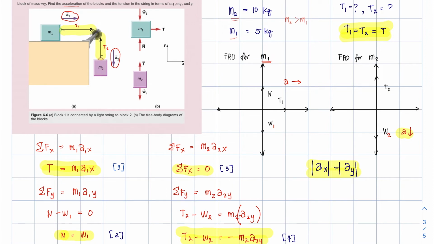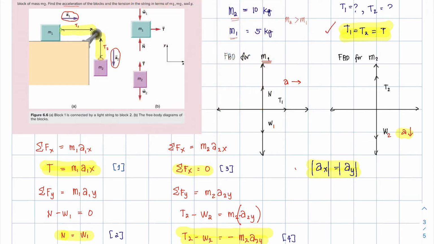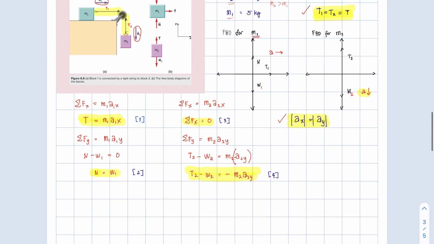Because if you don't realize this one, the one that I'm putting check marks on, you will have a miserable experience solving this problem. So you really have to think about what the implied assumptions are that we could get from the problem. Okay, so let's try to figure out the acceleration first.